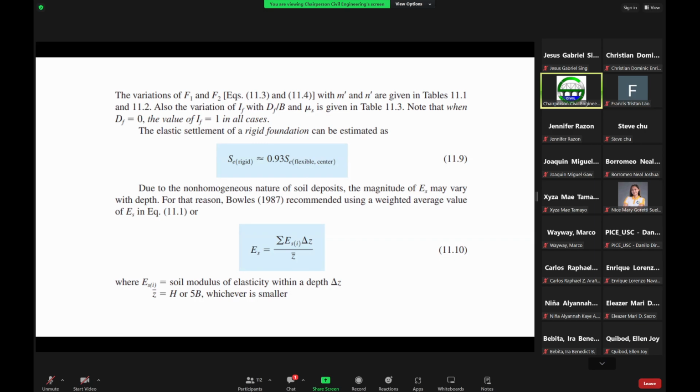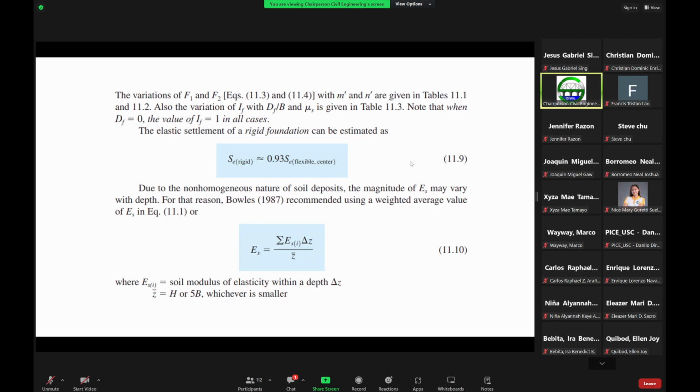Say 1 to 3 meters can still be excavated by normal backhoe equipment. But 3 to 5 or 6 meters, we normally already use long arm backhoe equipment to excavate for the foundation.